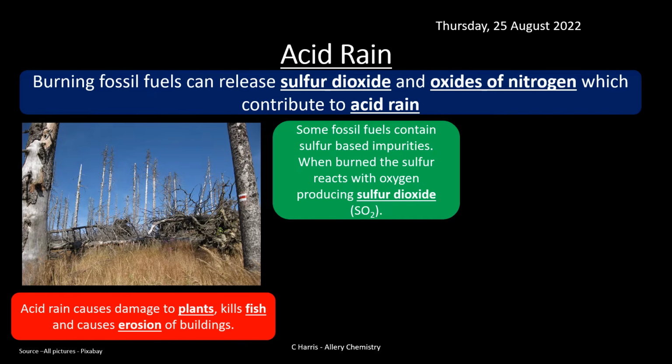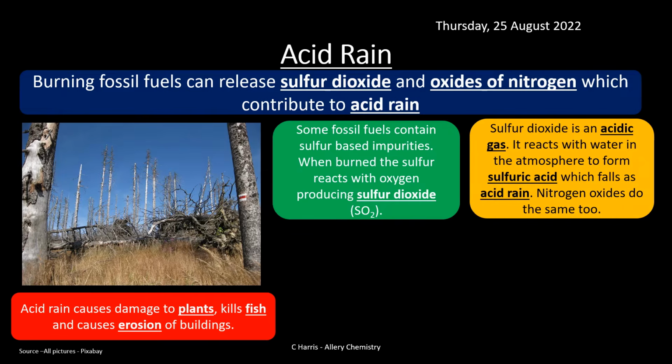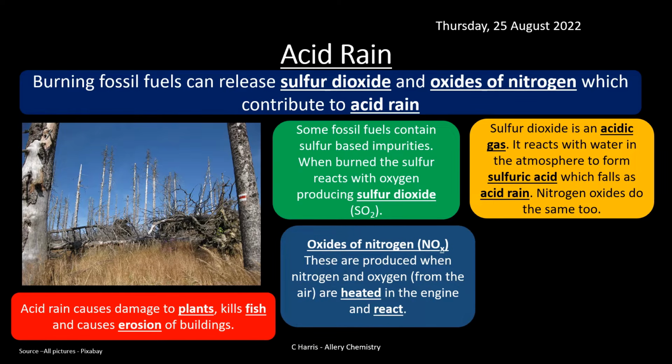And like I said, fuels do contain these impurities and they produce sulfur dioxide. Now that sulfur dioxide is acidic. Like we say, it reacts with the water in the atmosphere and it produces sulfuric acid. Oxides of nitrogen do react with water as well and they form nitric acid. So you've got a couple of things going on here. Now, your oxides of nitrogen, we've seen how they're created.